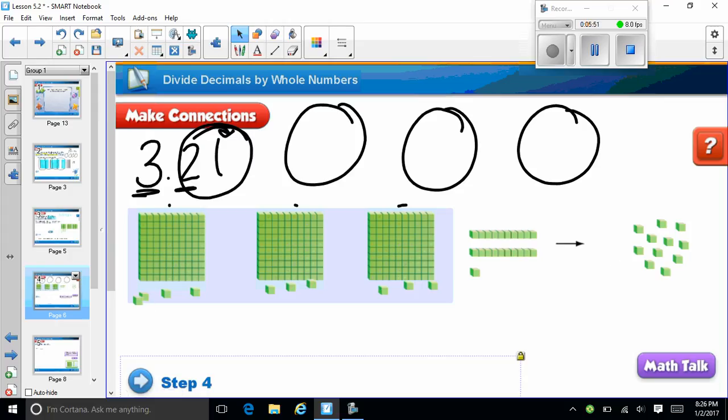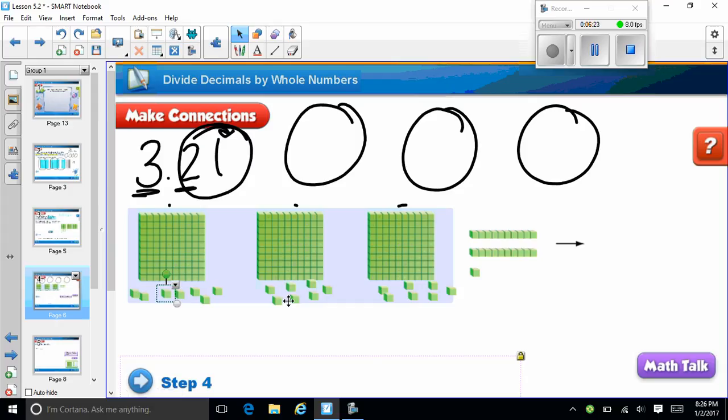And so when I go to move these over, each one should have 7. So let's count. 1, 2, 3, 4, 5, 6, 7.